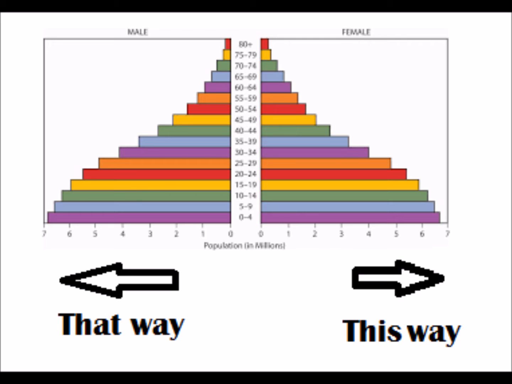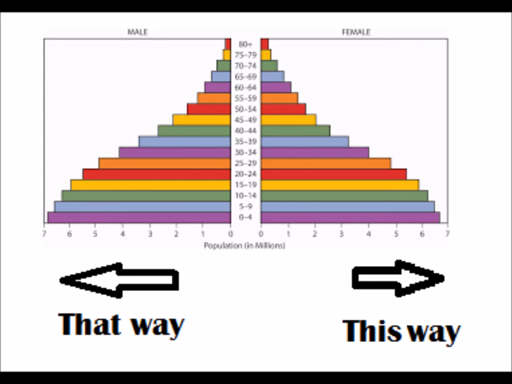Now, the representation on the population pyramid indicates by age group the average number of individuals that can be found. For example, on a population pyramid, you will have the male bars going towards that direction, and you will have the female bars going to that direction.